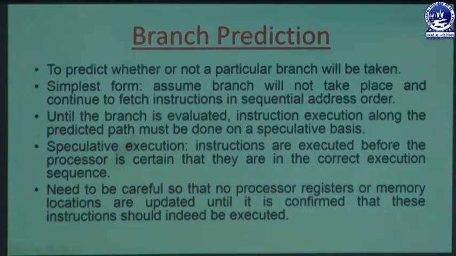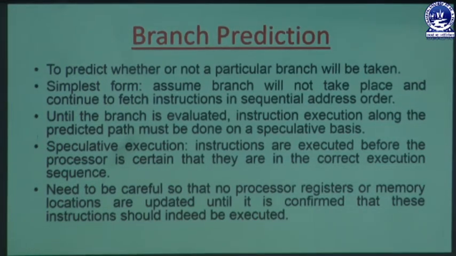So, what this branch prediction concept says is that you have to assume that the branch does not take place, so that the processor can fetch the instructions in a sequential manner, because we know that when a branch statement occurs, at that point the PC is incremented to the branch target address.